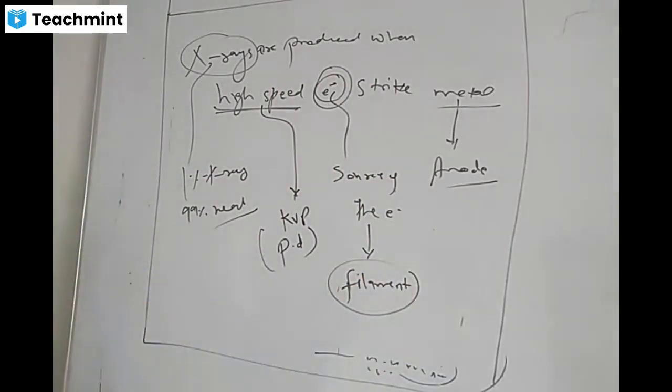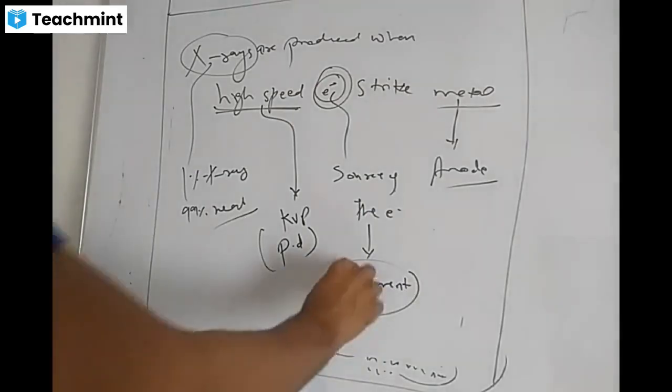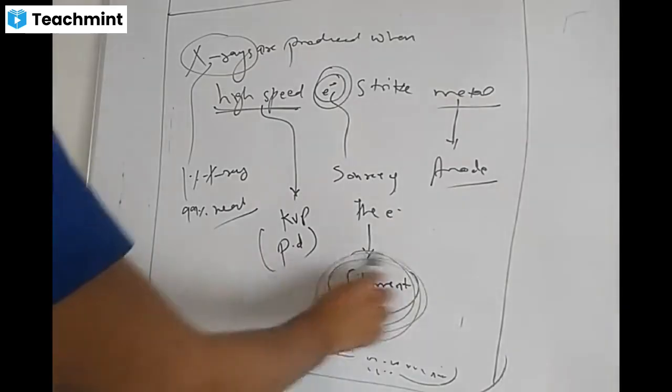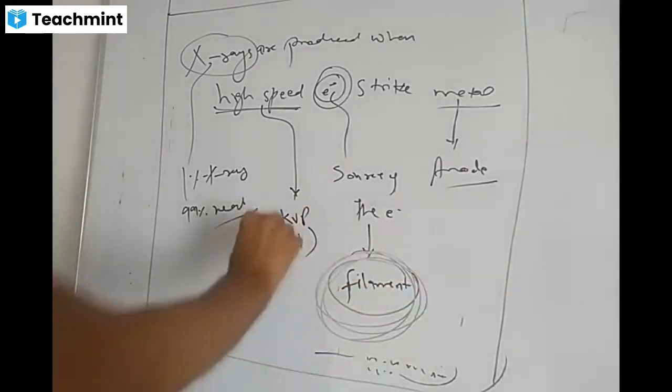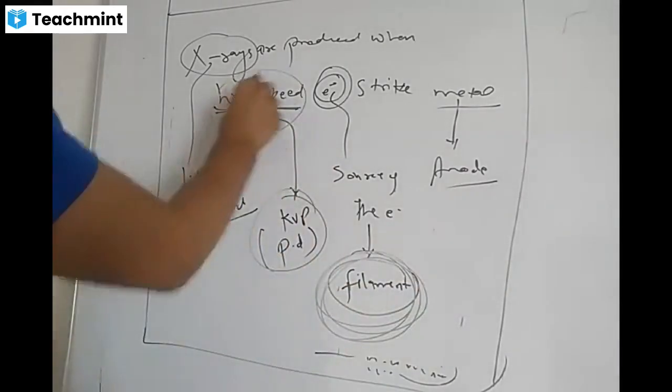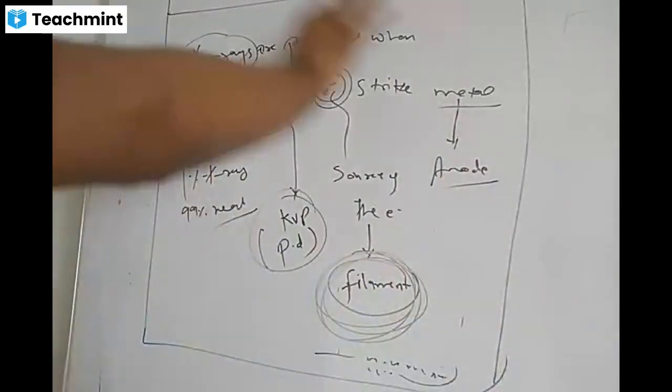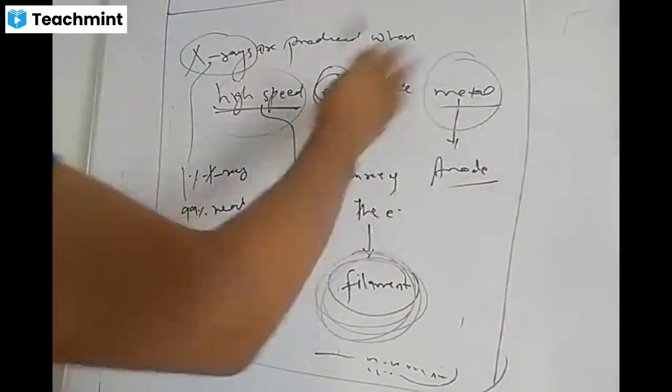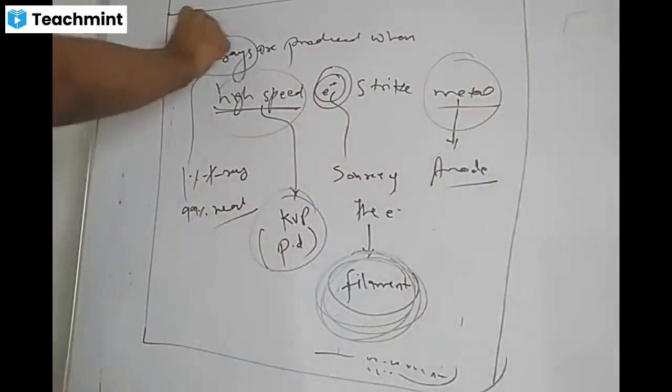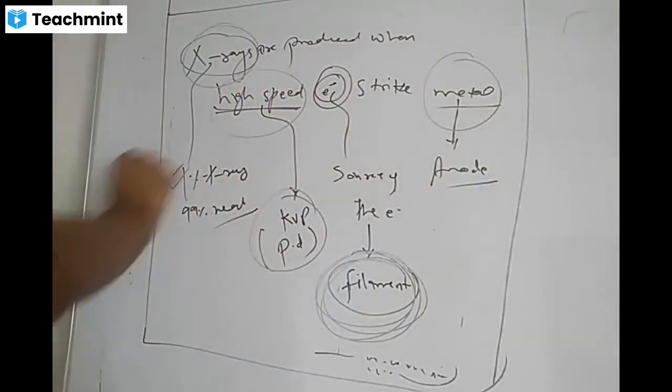The filament is the source of electron. So we start with the source of electron, then we apply potential difference, make them high speed electrons, then they will strike the anode and the result will be production of X-ray.